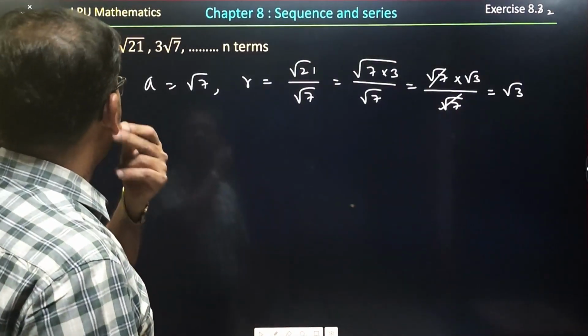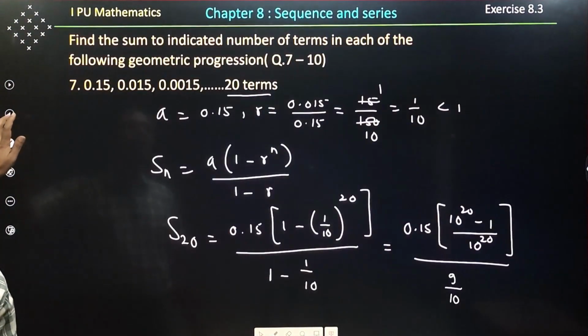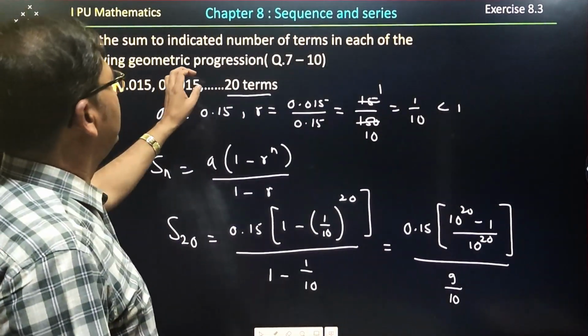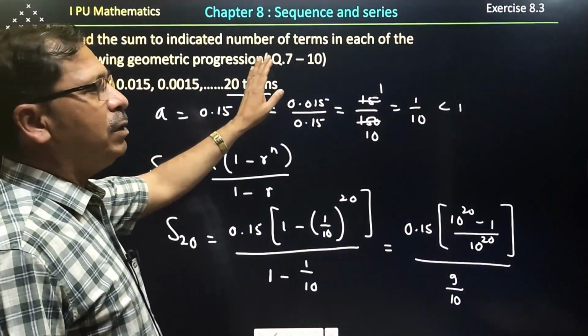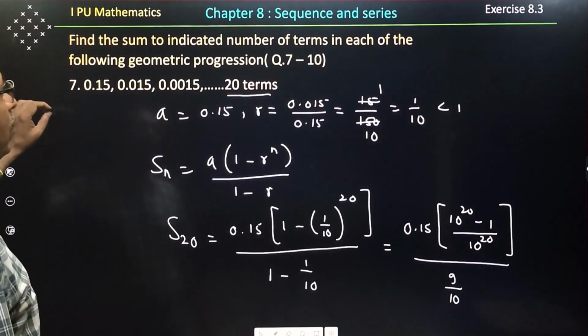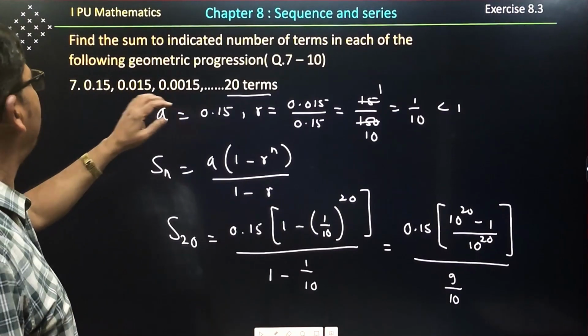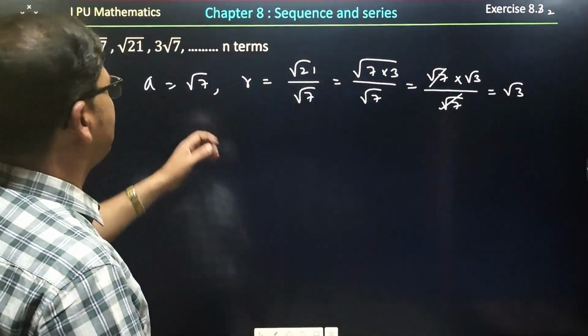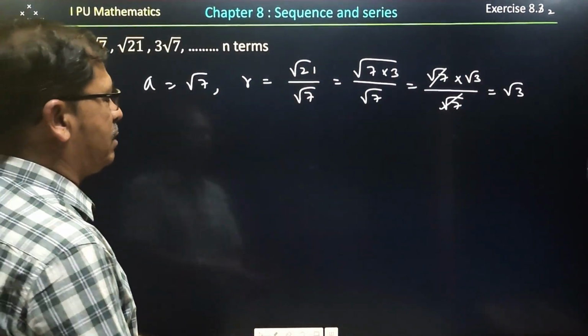Now the question is to find what. Previously we have seen the question. In the indicated terms, you need to find out the sum to the indicated number of terms. See here, indicated number n terms, up to n terms he mentioned. Sum to n terms we need to find out in this case.